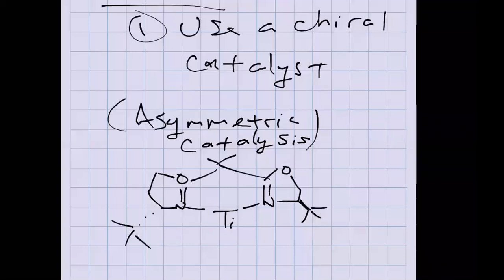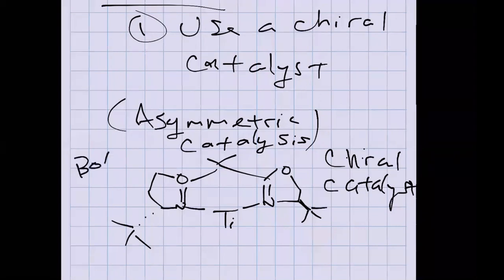So one example of a chiral catalyst is something like this. You have a titanium metal, and then the ligand that's attached to it is called a box ligand, bis-oxazoline ligand. We just call it a box ligand.